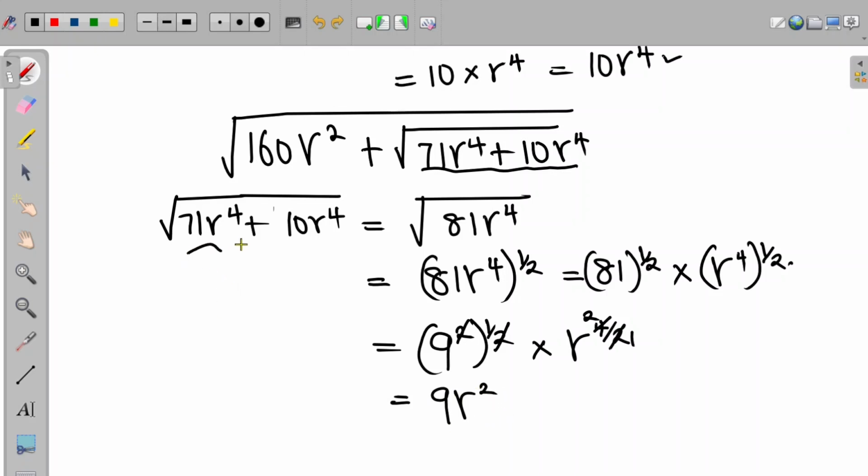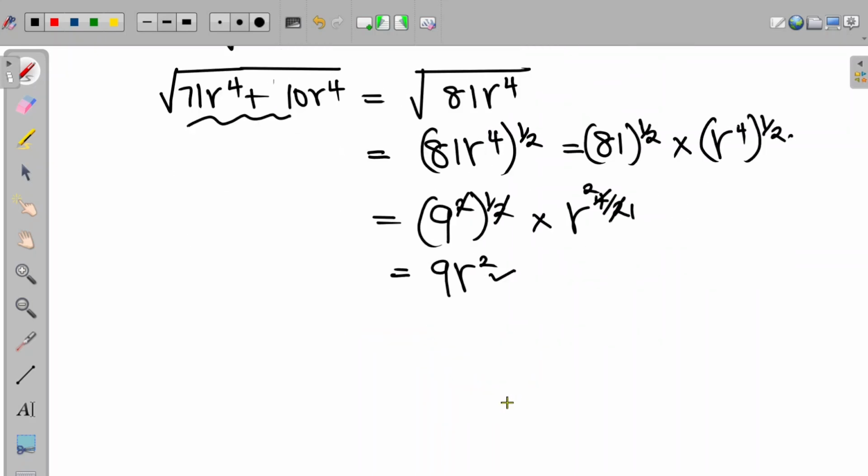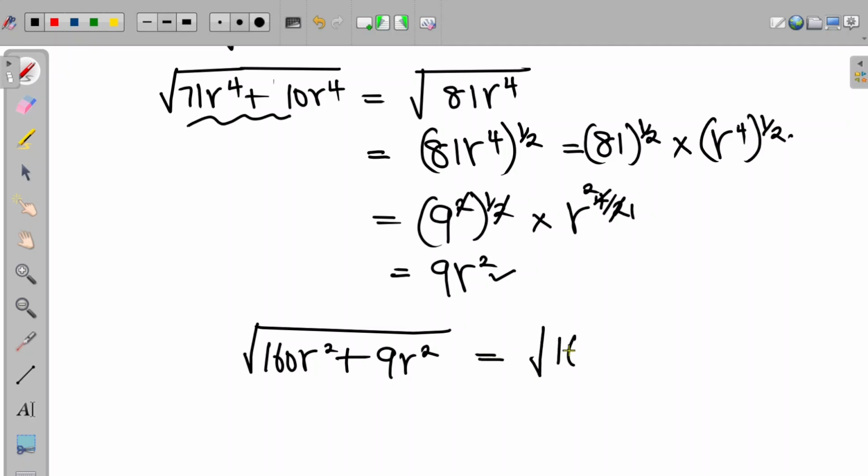So where we have this particular expression here, we replace it with this. So therefore, our expression now will reduce to root of 160 r to the power of 2 plus 9r squared. So at this point, this becomes root of 169 r squared.